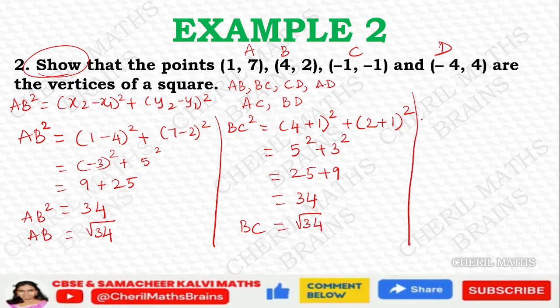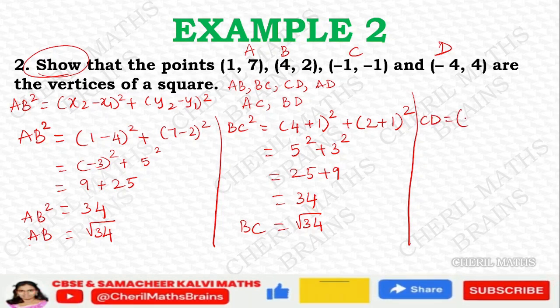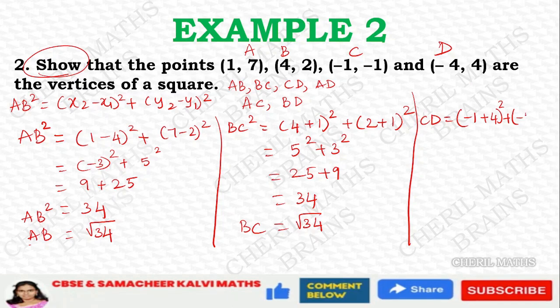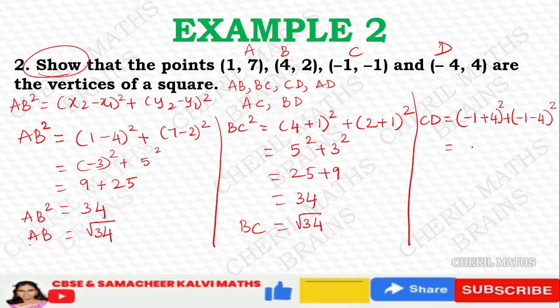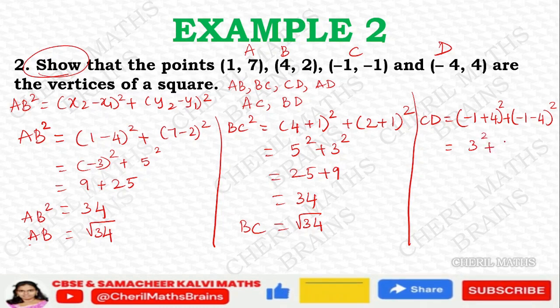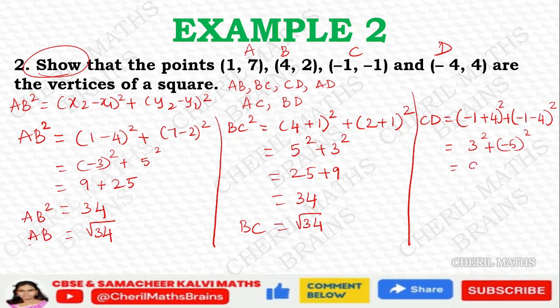Then we will find CD. For CD it is minus 1 minus of minus 4, which is plus 4 the whole square, plus minus 1 minus 4 the whole square. So it will be 3 square plus minus 5 the whole square, 9 plus 25, again 34.